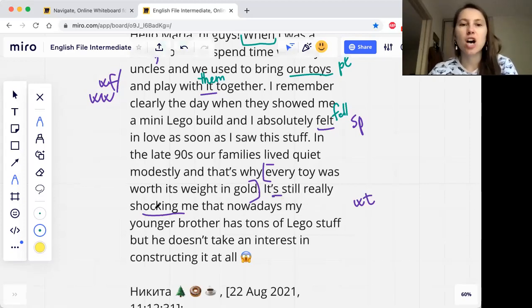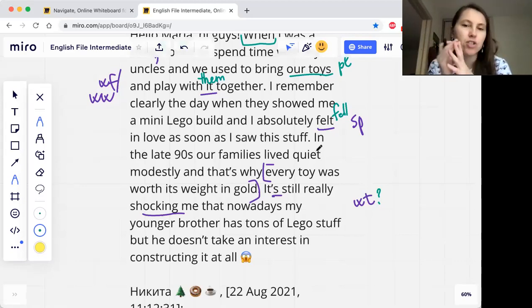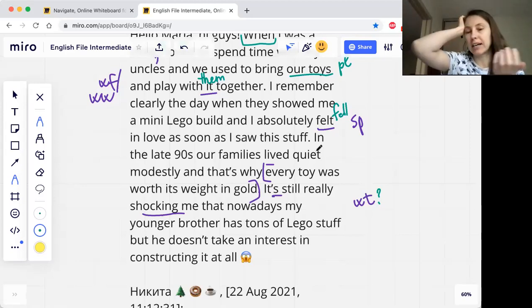It's still really shocking me that nowadays my younger brother, something. I wasn't really sure about the wrong tense here. If you say, it is really shocking me, like you are always in the progress of that, and maybe one day this progress will finish. But it seems to me that it will be like your regular activity.